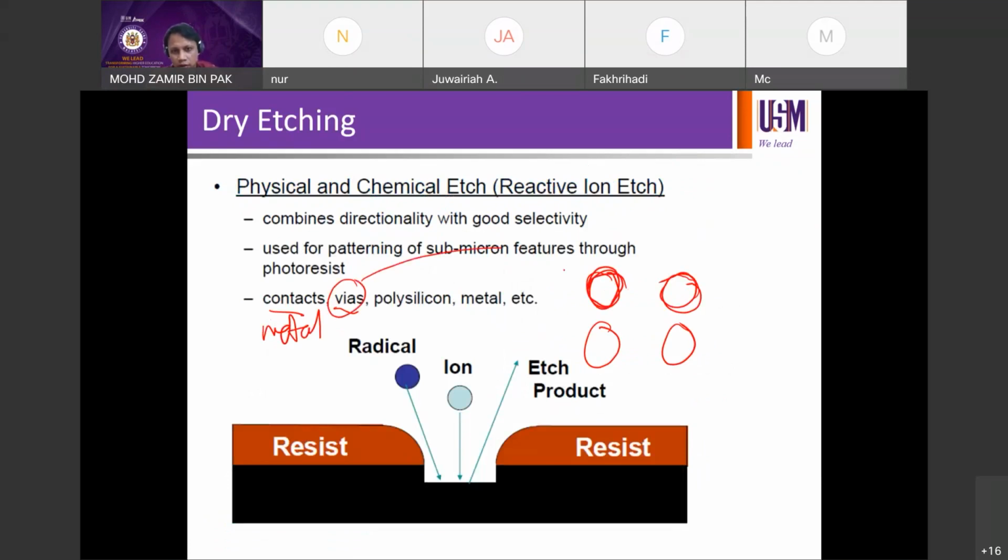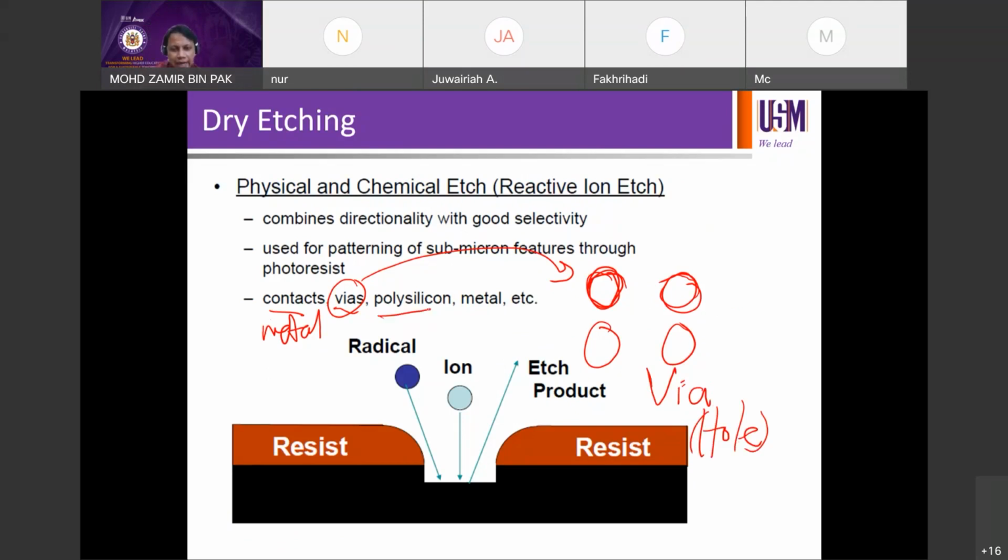Via is the hole, in the fab we call it a via. So actually it means hole. Via means you want to connect one metal to another through a hole. Later we will look at the interconnect when we finish all the processes.